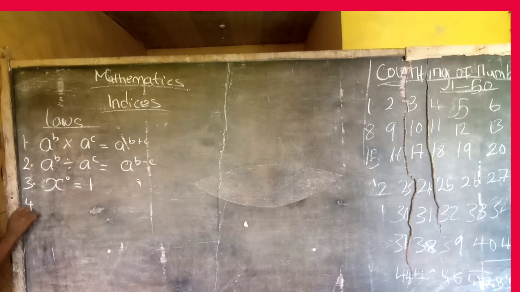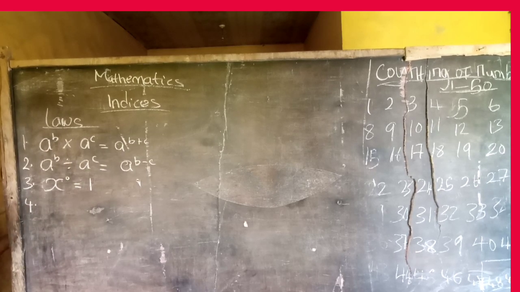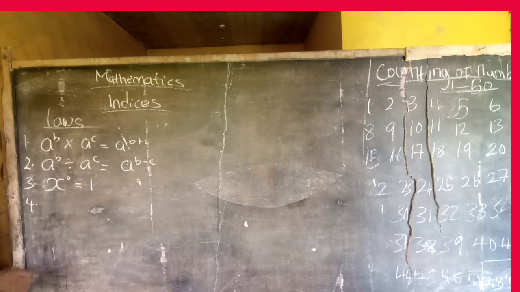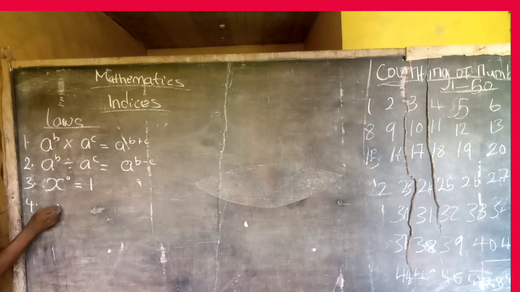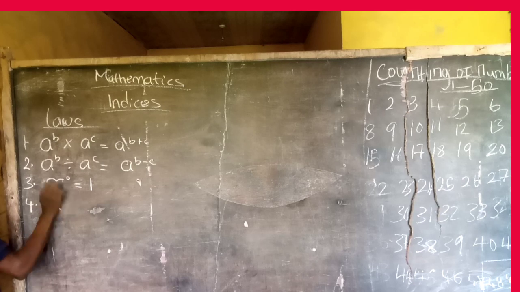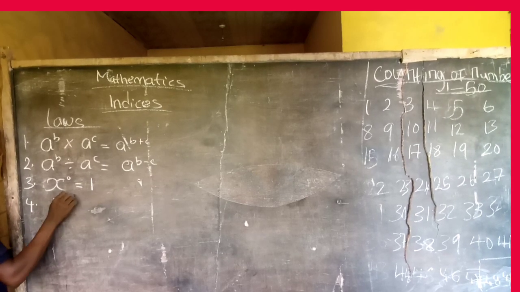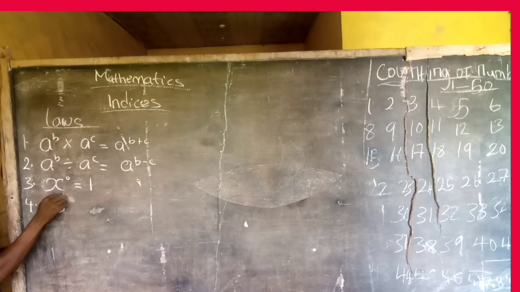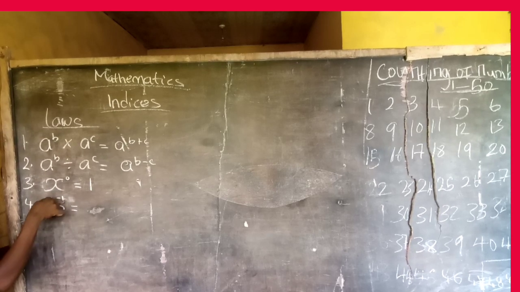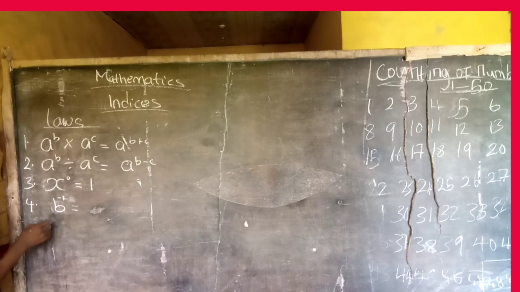Now the fourth law of indices is called the law of reciprocal. For example, whenever you have b to the power of negative 1, a negative value, to remove this negativity, I need to have something like b to the power of 1, because we have not seen anything like negative 1 before.